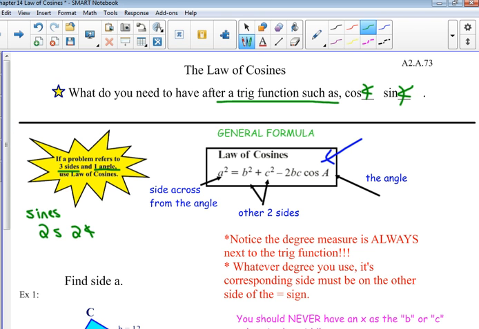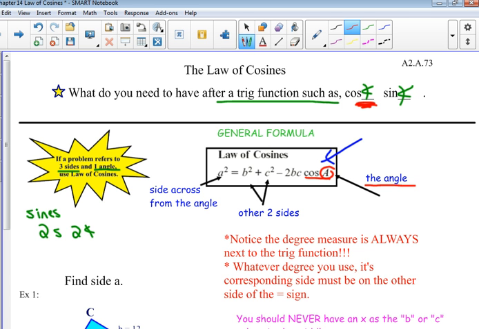The most important thing is that when you look at your formula, I don't know if you remember, back when we were doing the area formula or the law of sines formula, I told you don't pay attention to the A's, B's, and C's because it's general. This is the same thing. We're going to focus on whatever's connected with the cosine, this part has to be the angle, because the trig function can only be connected to an angle.